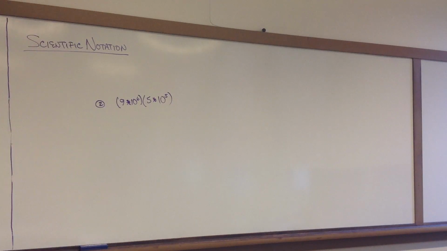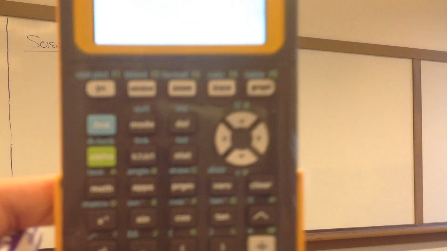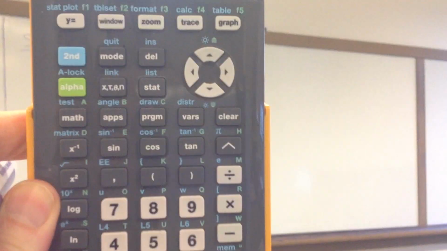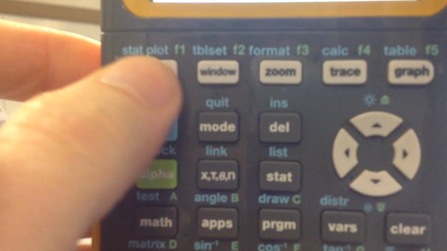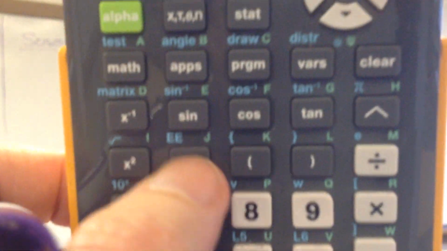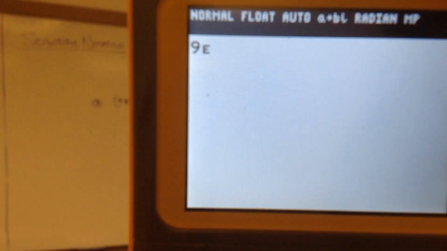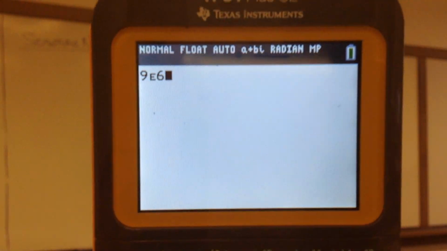On the calculator, if I wanted to enter one of these numbers, the button we need is right there above the 7. On these calculators, to access those blue colored features, you have to hit the blue second key. So first we type in the 9, and then we hit the blue key and then that E function, and then the power of 10, just the 6.